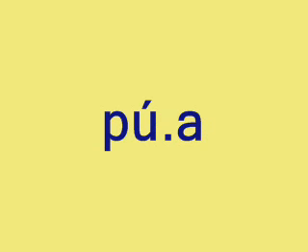So for example, you can say río, púa, and those two vowels are in separate syllables. País. Prohíbe.